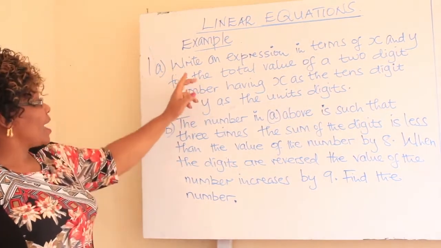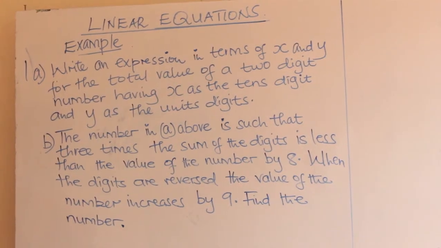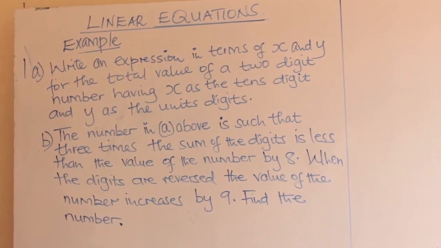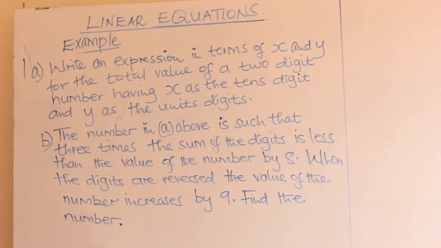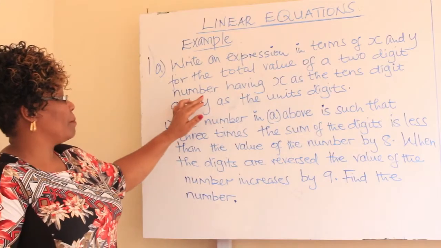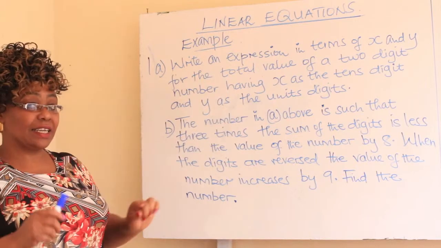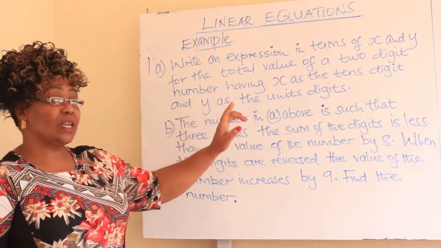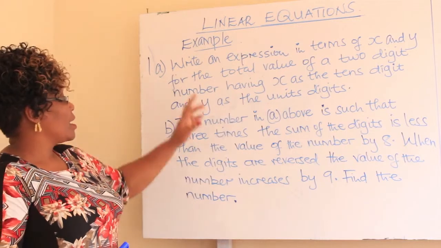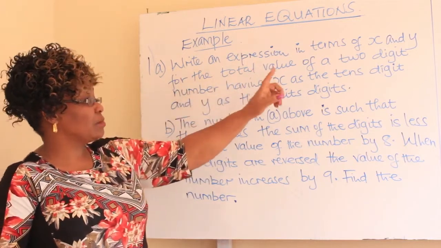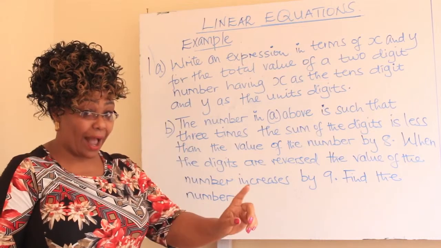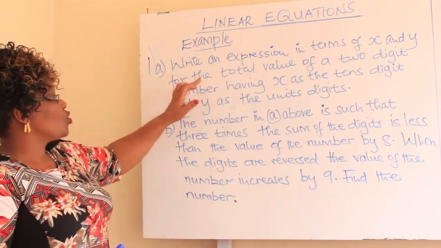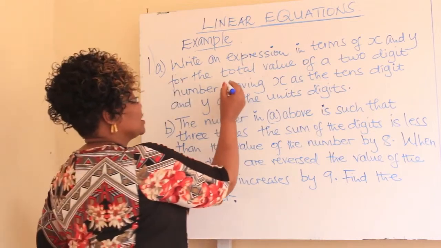1a. Write an expression in terms of x and y for the total value of a two-digit number having x as the tens digit and y as the units digit. Look at this line.